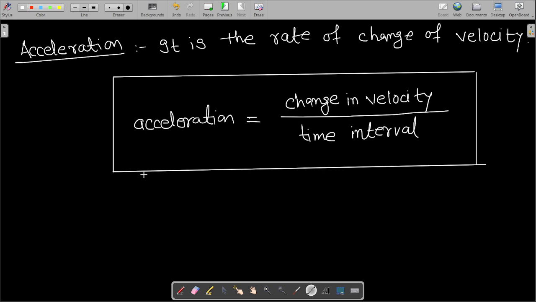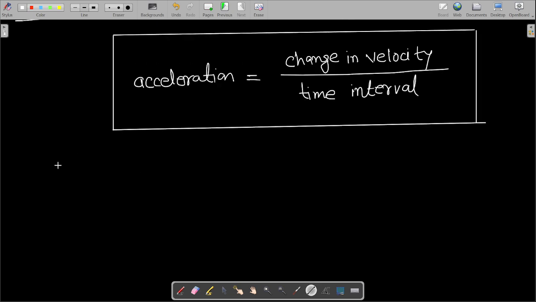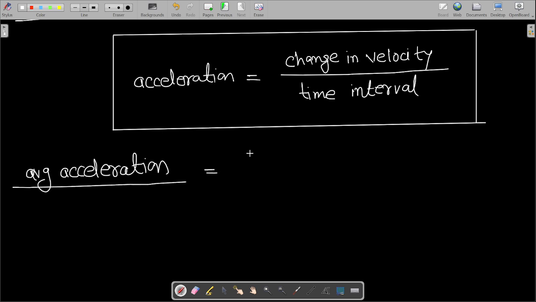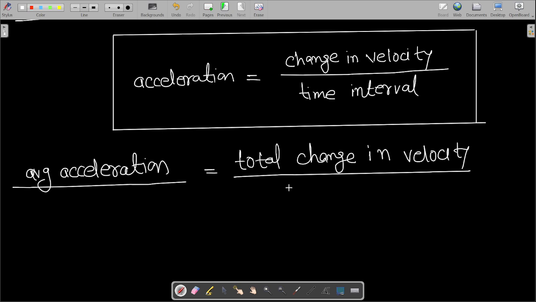Now see, what is average acceleration. Average acceleration is nothing but total change in velocity upon total time taken.